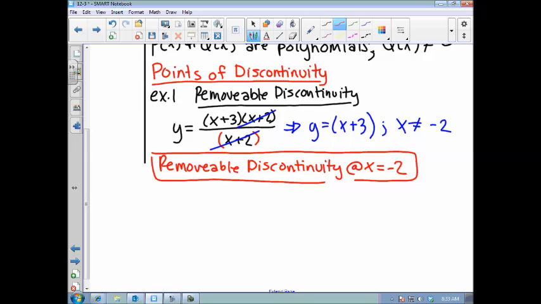And the next one will be non-removable. So if it cancels out, that would be a removable one, because we can take it out of the picture. The next one, though, is going to be a non-removable. So for example 2, we're going to show a non-removable discontinuity.